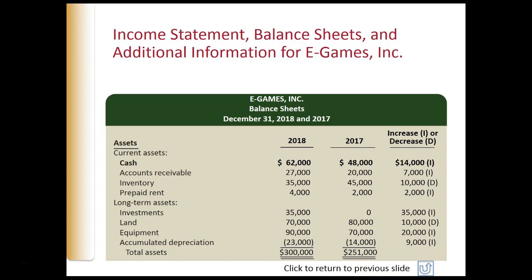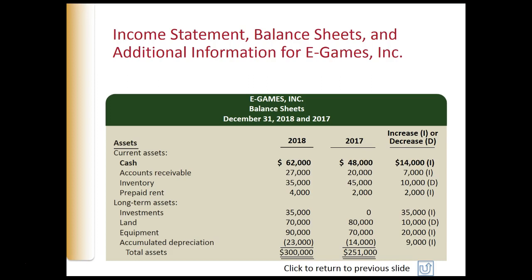So from 2017 to 2018, the accounts receivable account has increased by $7,000. Inventory, let's look at that. In 2017, the balance was $45,000. In 2018, the balance is $35,000. So inventory has decreased from 2017 to 2018.